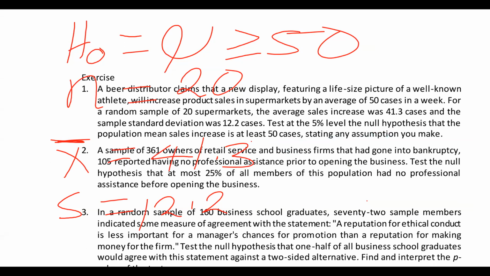So what is our alpha? Very important. Sir? But you're saying at least means greater or equal to, is it? But this sign here, isn't this less? Does this mean less or equal to? This is greater. I left school a long time ago, but this is greater, I think.